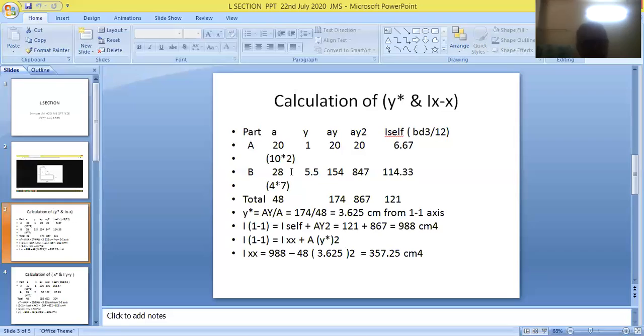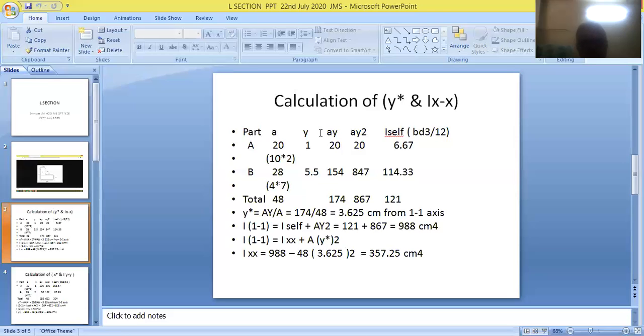So it is a simple calculation. Area is obtained by taking the product of B and D values of individual components. So the first column is used for writing the names of the components, and the second column for writing the A values of components.